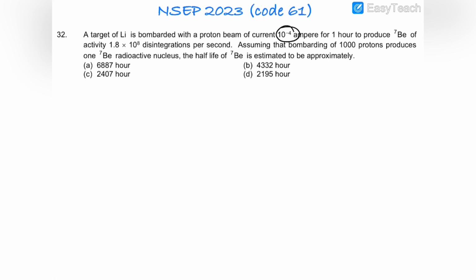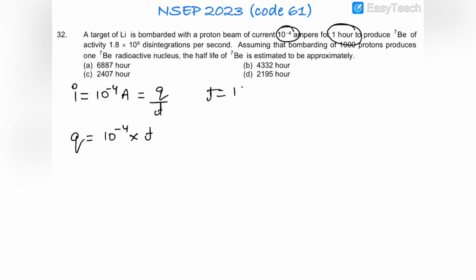So we know that the current of the proton beam I is 10^-4 ampere and current is Q by T. So the total proton charge bombarded will be current into time, and time is given as 1 hour, which is 3600 seconds. So Q is current into time, and the number of protons bombarded.